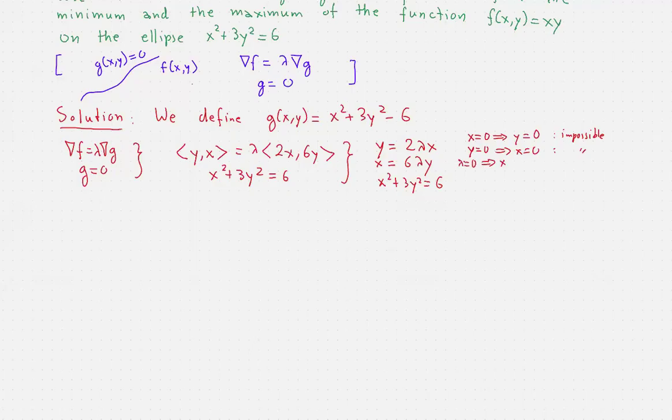So what this means is that x has to be different from 0, y has to be different from 0, and lambda has to be different from 0. And the reason we're making this observation is because we want to divide the two equations, and we have to make sure that the denominators that we get are non-zero. So when we do so, the lambdas cancel.